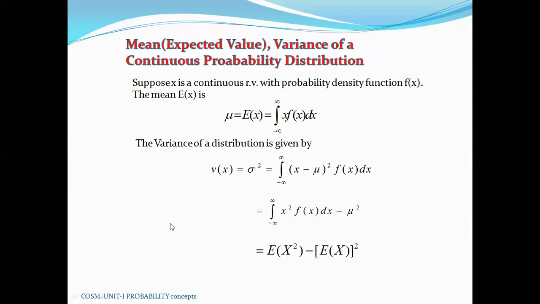In place of x we are writing x square. So then you'll get expectation of x square minus mu square. Mu means the mean, so mu square is mean square. So these are the two formulas for mean and variance of continuous probability distribution.